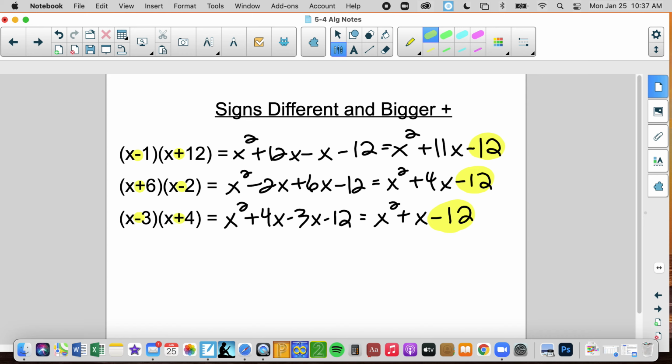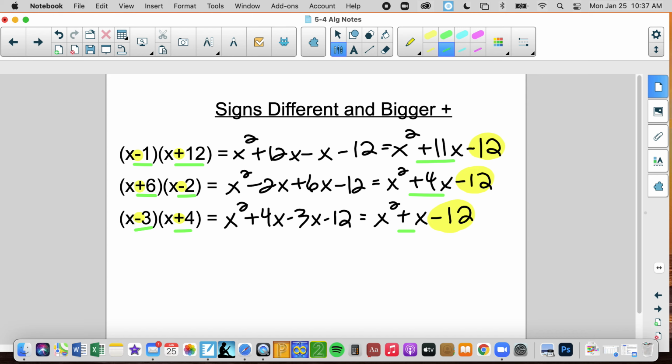So when the signs are different, that last term is always going to be a negative, because when you have a negative times an opposite sign, which is a positive, the product is always going to be a negative number. All right, and then we notice that when we combine negative 1 and positive 12, you get positive 11. Positive 6, negative 2, positive 4. Negative 3, positive 4, positive 1.